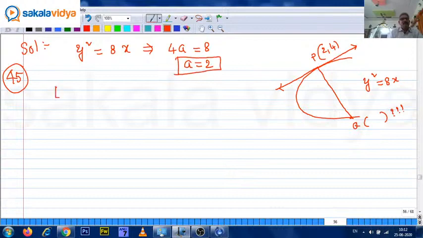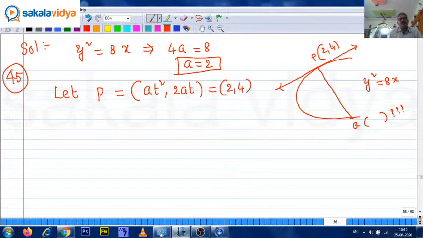Let us say P equals to (at square, 2at), whose value is 2 comma 4. That means we have 2at equals to 4, a is 2, 4t is equal to 4. Now the parameter t value is 1, t is equal to 1.